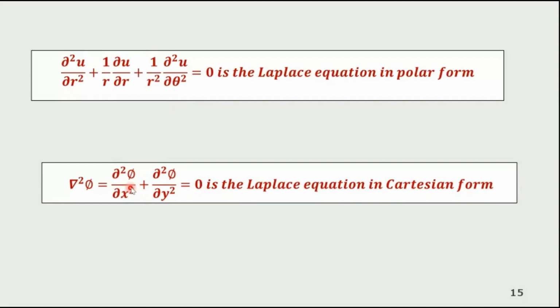Okay, if u is given in terms of x and y, then we can make use of this derivative. But अगर u is given as function of r and theta, तो हमें प्रूव करना है कि this equation is satisfied to show that u is a harmonic function.